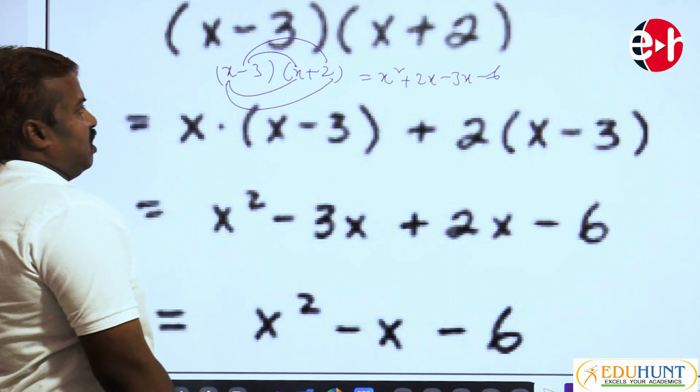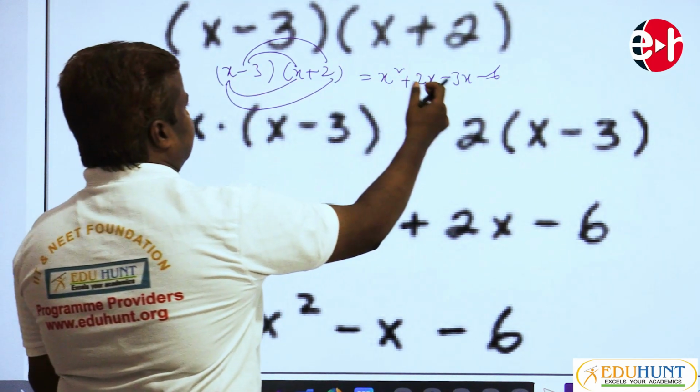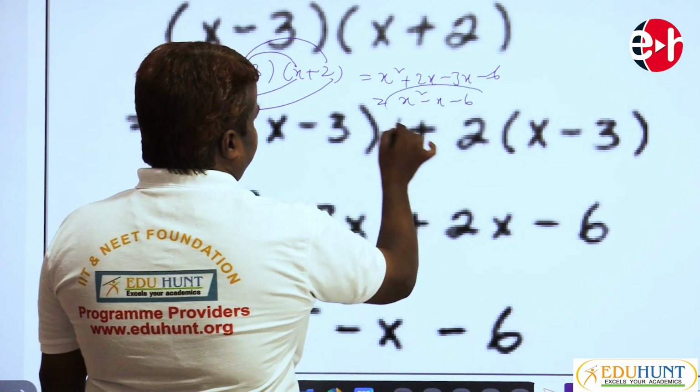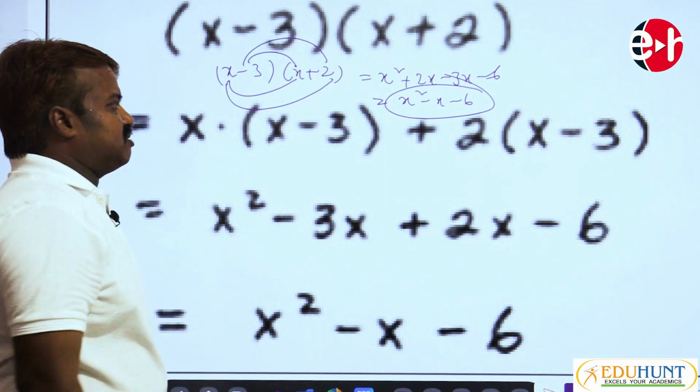Now x square plus 2x minus 3x minus 6 gives x square minus x minus 6, which is a quadratic polynomial, a quadratic expression.